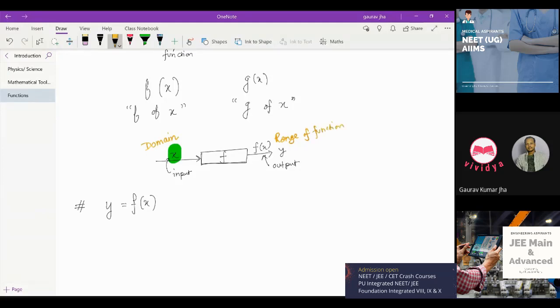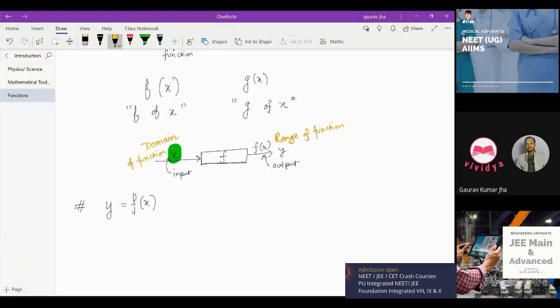So this is the domain of the function and the range of the function. All the possible values of the output will be in a package known as the range of the function.